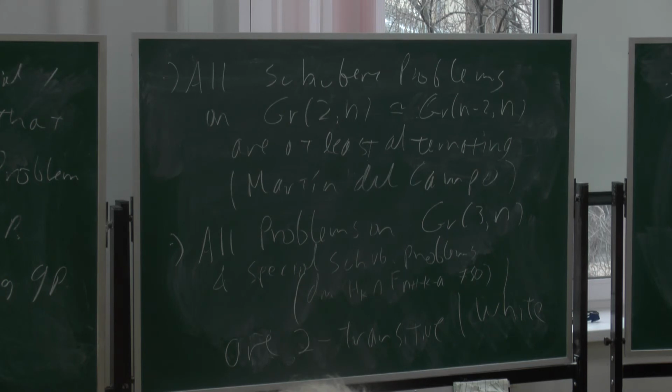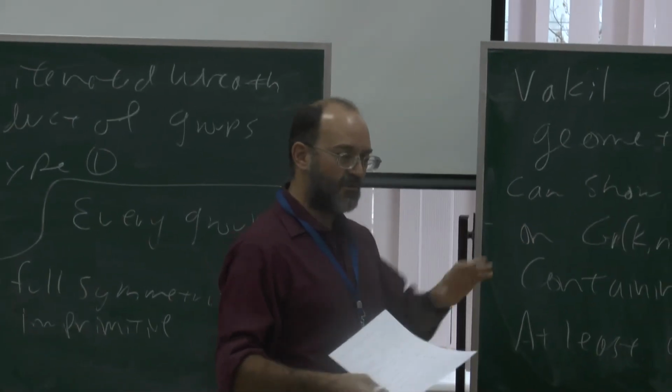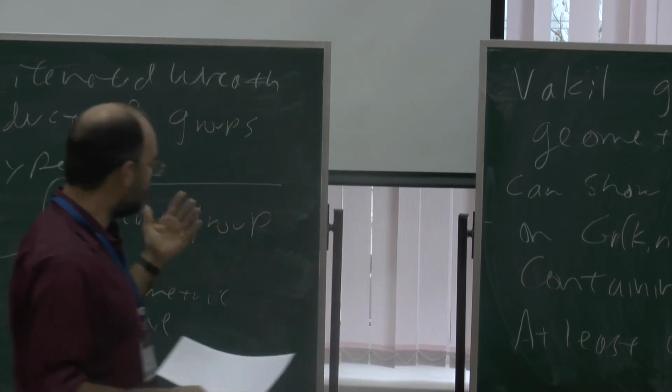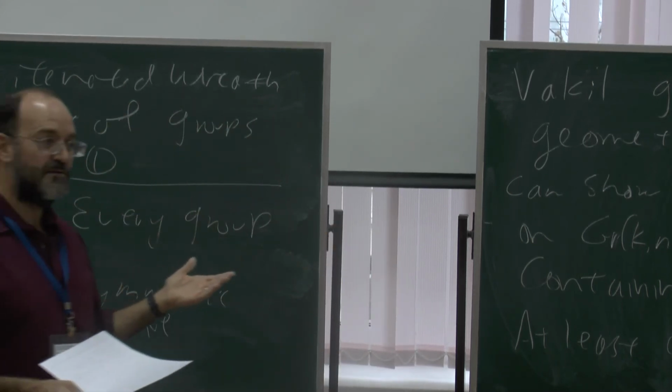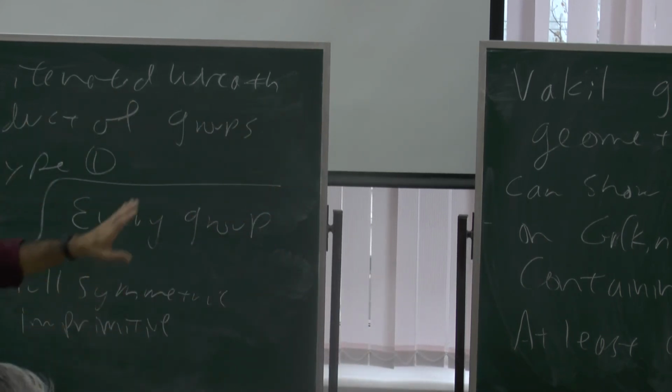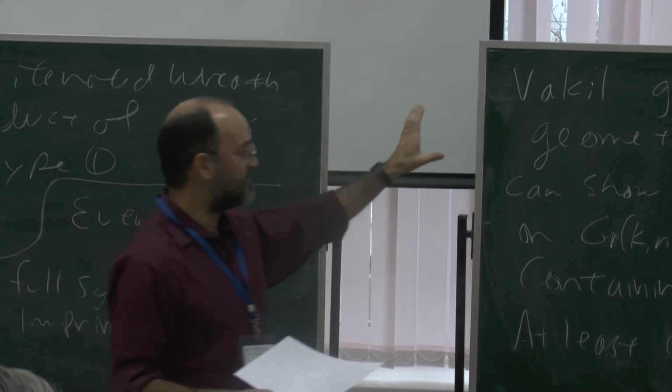One of Vakil's methods, the reason we're looking at two transitive, is that if you can show that certain intermediate problems are two transitive, and that they don't have 6 solutions in some degeneration, or some other work which is a finite problem, then you can imply that it's at least alternating. So two transitive is already kind of powerful, and we can see one reason we expect a dichotomy in this geometric combinatorial method of Vakil.